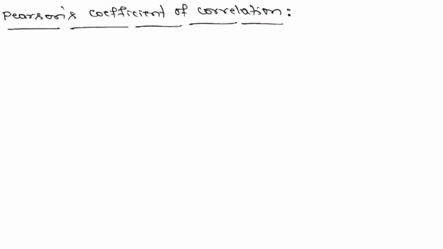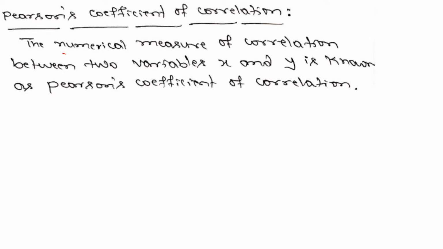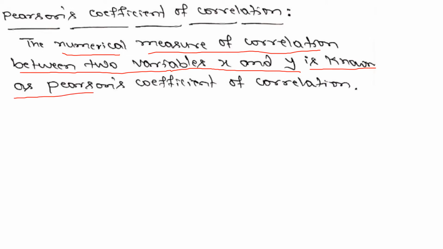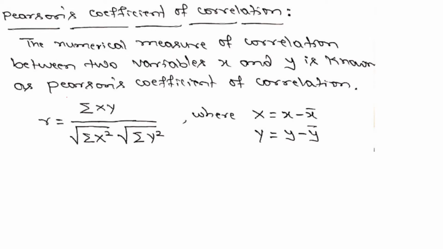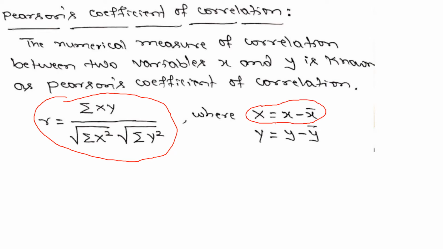Pearson's coefficient of correlation. The numerical measure of correlation between two variables x and y is known as Pearson's coefficient of correlation, and the formula to find it is R is equal to summation XY divided by root of summation X square into root of summation Y square, where capital X is small x minus x bar and capital Y is small y minus y bar.